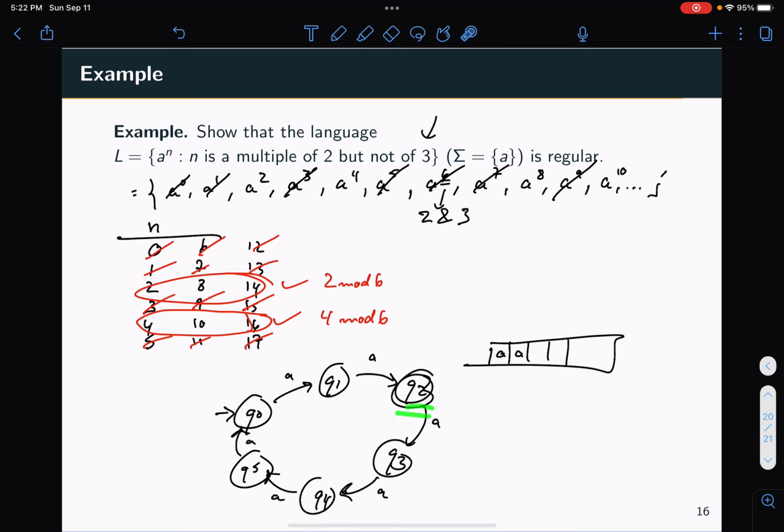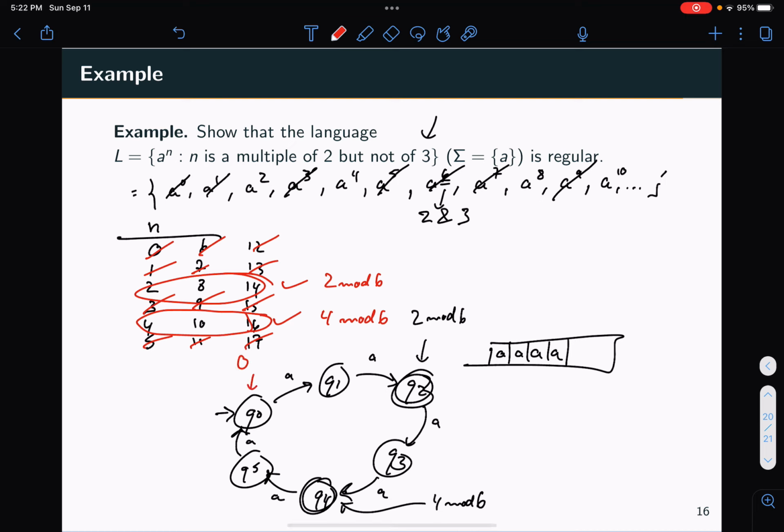And then from Q2, let's say I actually have 3 A's. So now I go back to Q3 and I'm back to rejecting because Q3 is not going to be a final state. But if I go to Q4 by reading another A, now I should start accepting again. And so this guy is going to be my 2 mod 6, and this guy is going to be my 4 mod 6. And in fact, each of these other states are going to play a certain role.